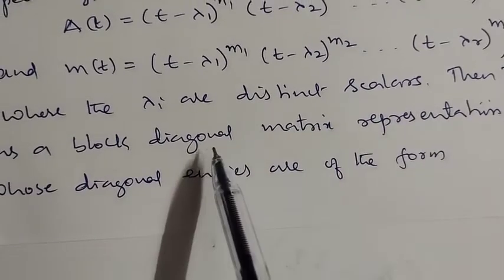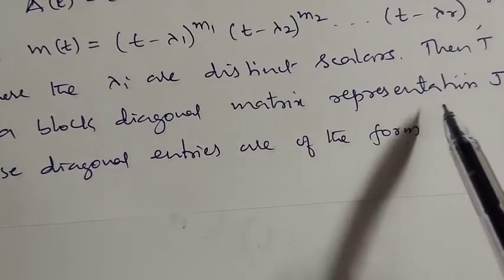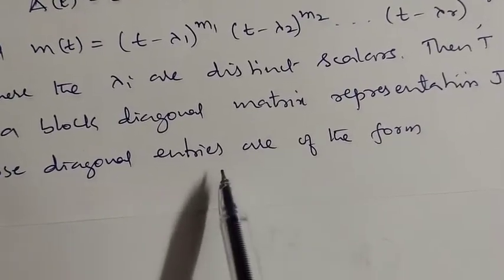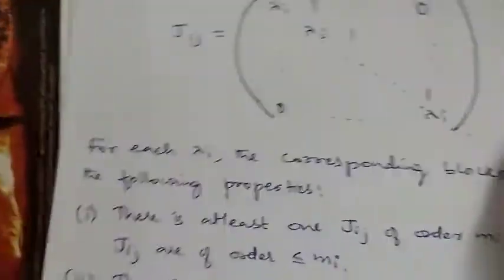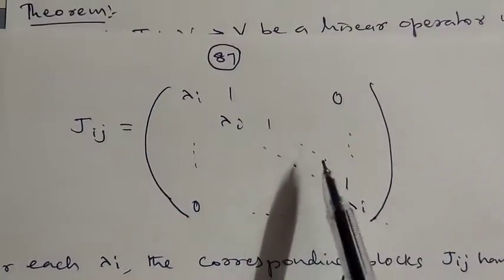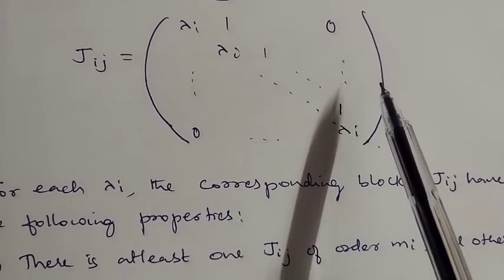Then T has a block diagonal matrix representation J whose diagonal entries are of the form Jij. Lambda is on the main diagonal, and ones are on the superdiagonal.